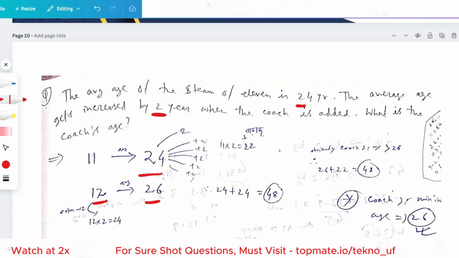So the new value, the coach's age, will be the previous average, 24, plus the increase, 2, into the total number of members including the new man, that is 12. So 12 into 2 is 24, plus 24, that becomes 48. This is a very simple problem if you know the logic and the formula. I hope you understood.